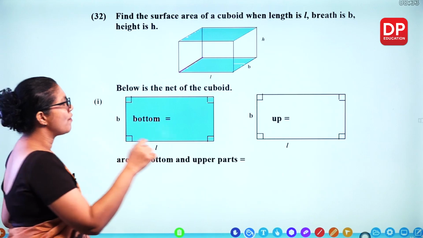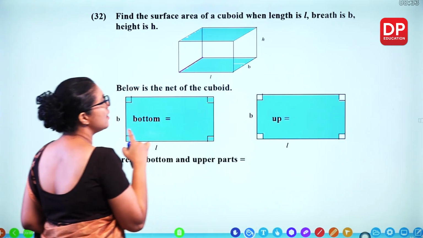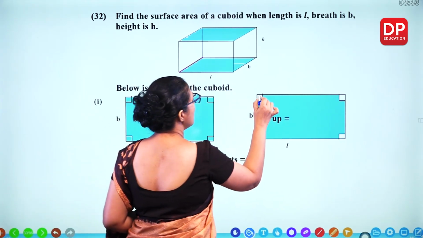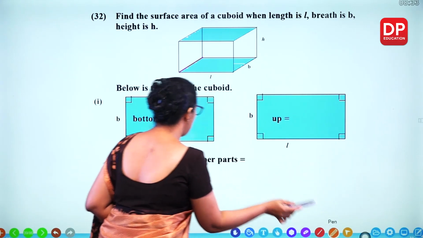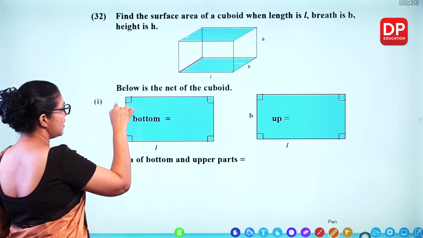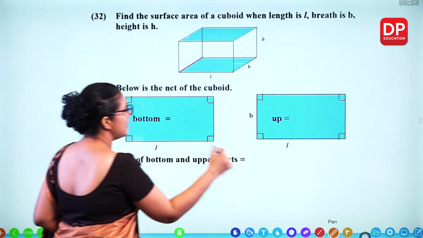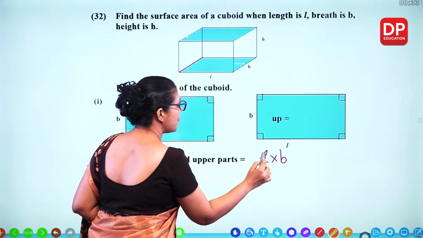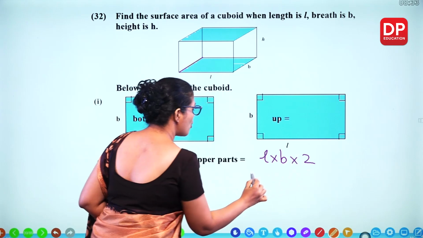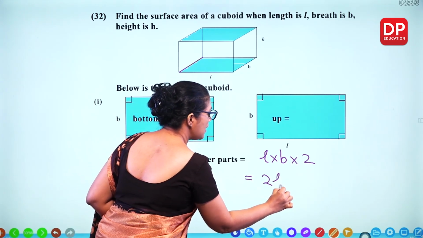We are trying to find the area of the bottom part and the upper part. So what's the area? Length is L, other side is B. Length into B and multiply by 2, 2LB.